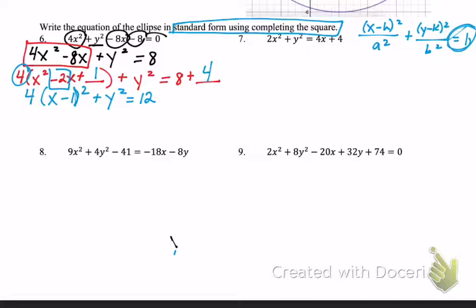If I want to get 1 on the right side, I need to divide both sides by 12. So I'm going to divide everything by 12. What happens on the left is my 4 over 12 reduces, and I'm left with 1/3. So it would be x minus 1 squared over 3 plus, nothing can happen to the y squared over 12, equals 1.